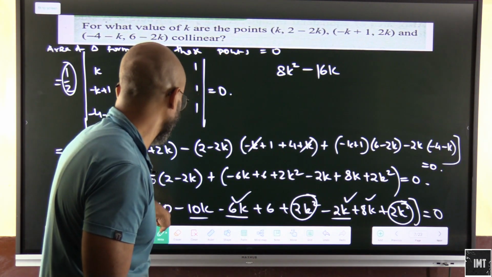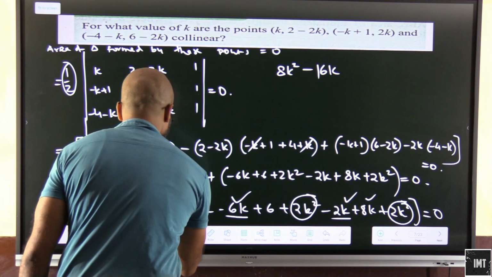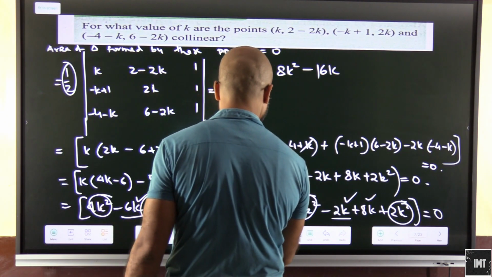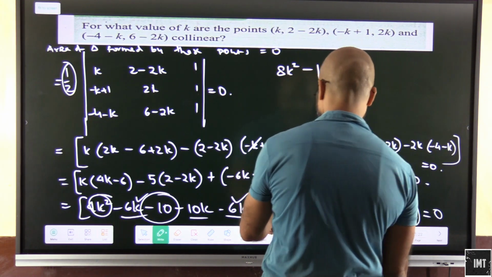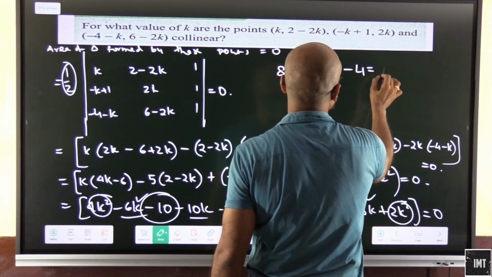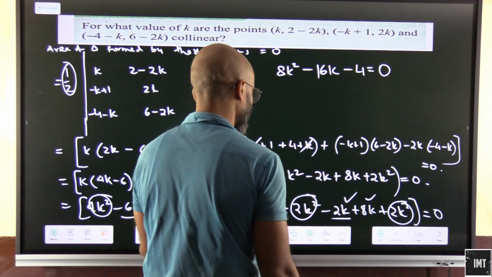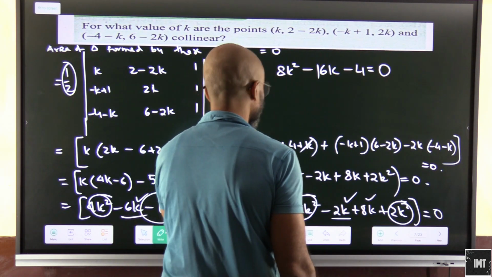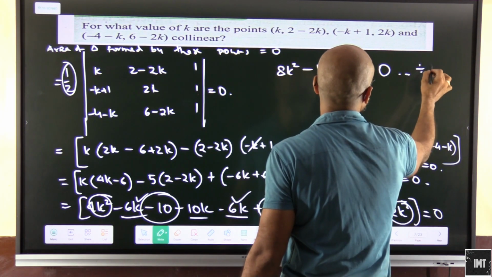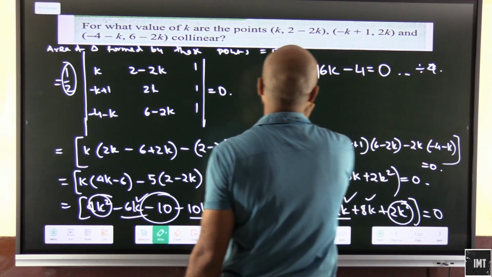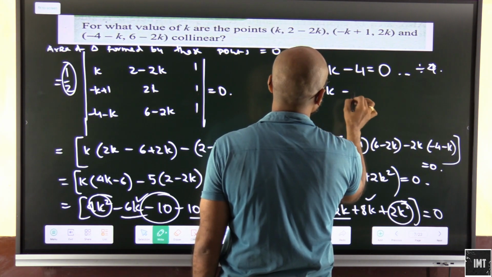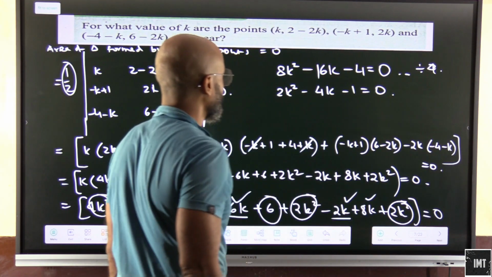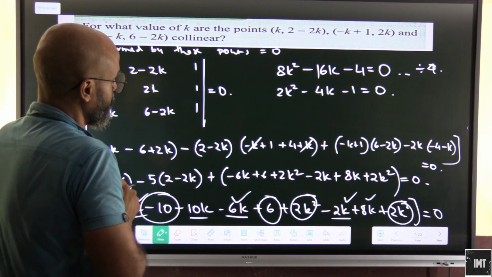Okay, so let's look at this. Minus 10 plus 6, that is minus 4, minus 4 is equal to 0. Minus 10 plus 6, that is 4 is equal to 0. Let's divide this by 4, 2k square minus 4k minus 1 is equal to 0. Okay, we have here?